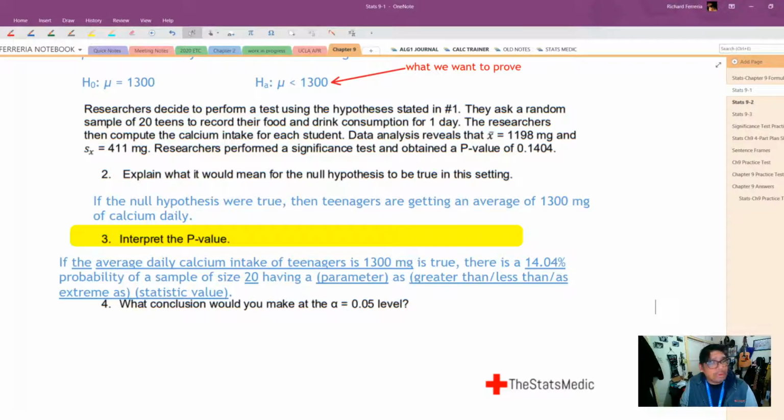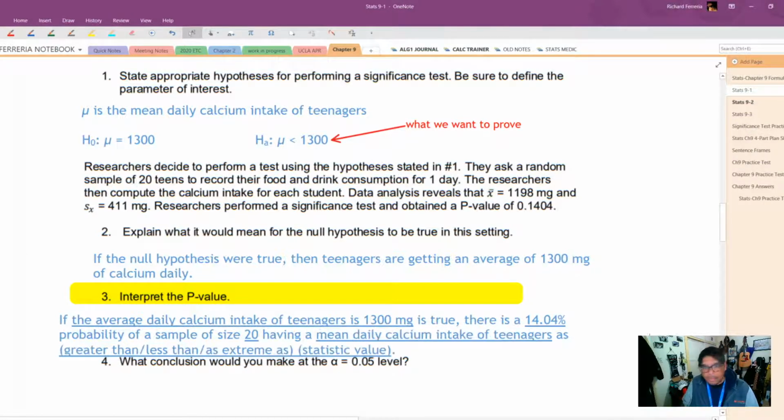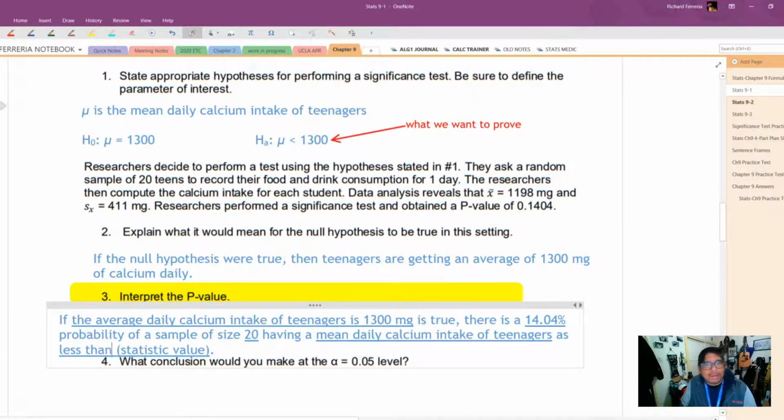Now our parameter was the average intake of, here it is, the mean daily calcium intake of teenagers. So we're going to put that in there for parameter. So having a mean daily calcium intake of teenagers as, let's see, less than, I think is the one that we want. And then our value was 1198.